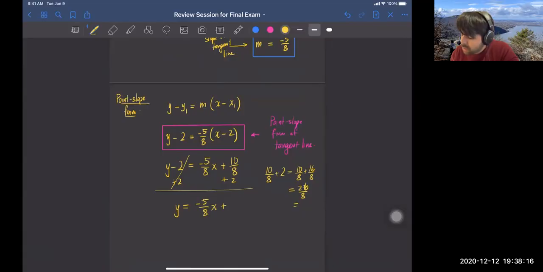And then if you divide that by 2, you get 13 over 4. So it should be 13 over 4. And this is known as the slope intercept form of the tangent line.